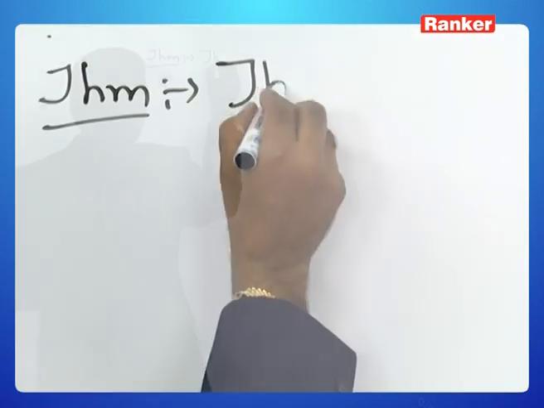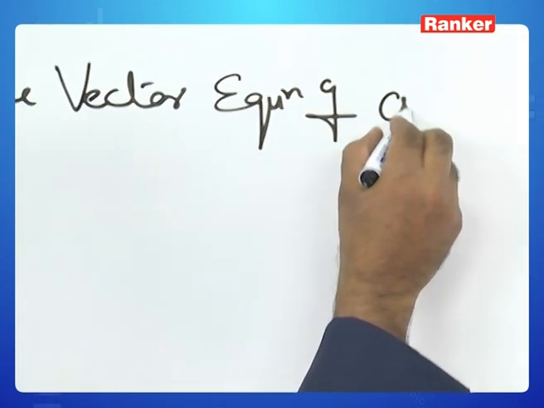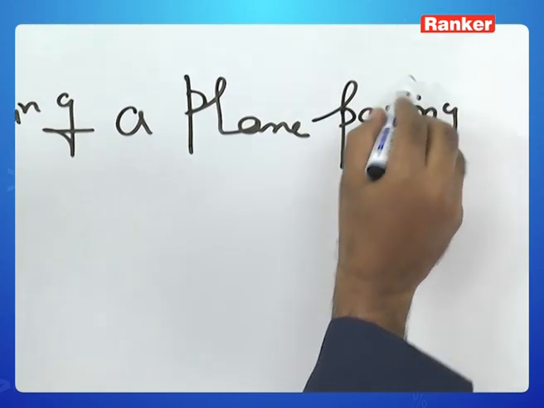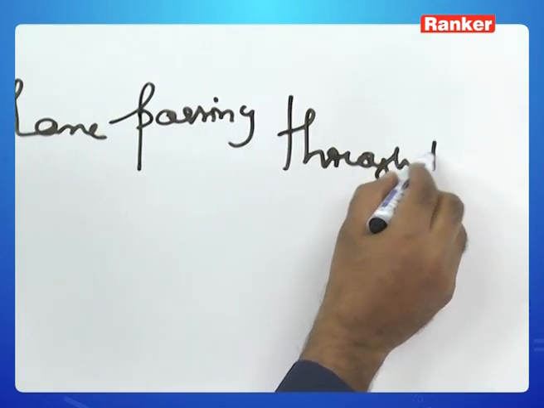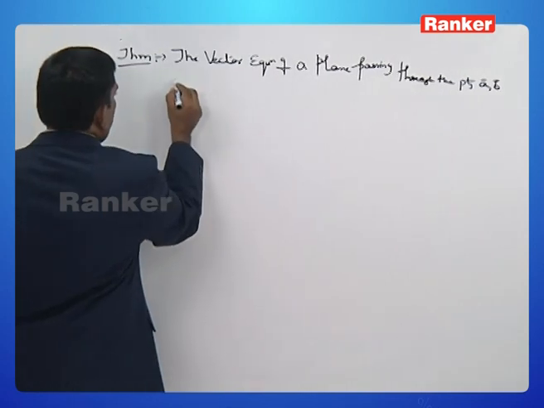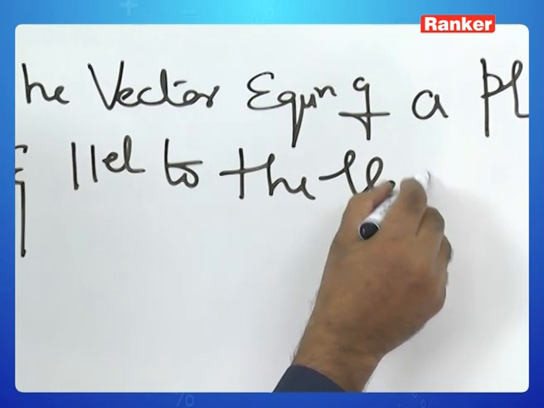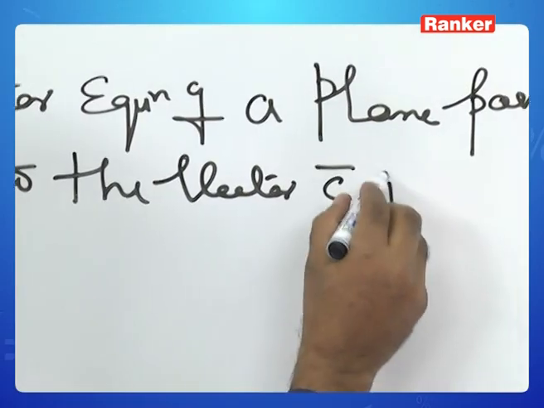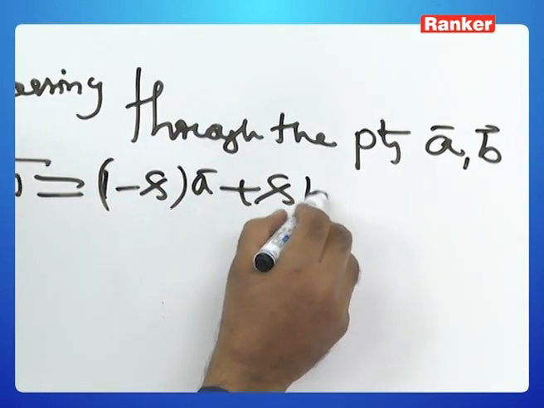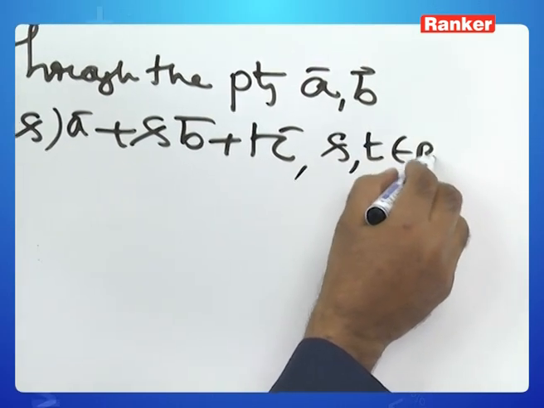The vector equation of a plane passing through the points A bar, B bar and parallel to vector C bar is R bar is equal to (1 minus S) into A bar plus SB bar plus TC bar, where S, T belong to R.